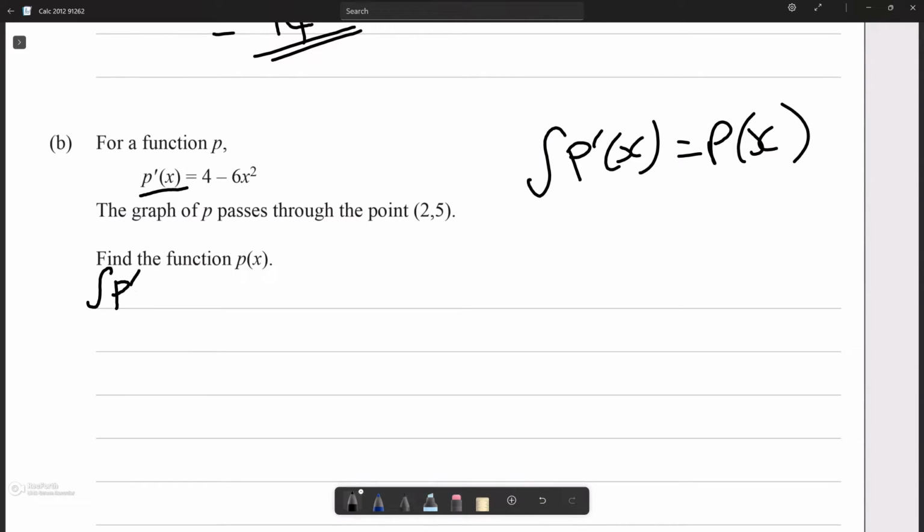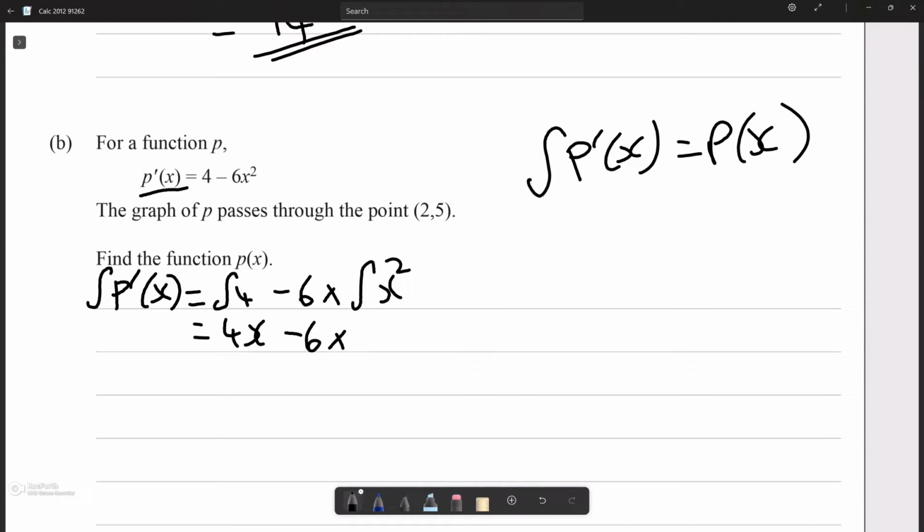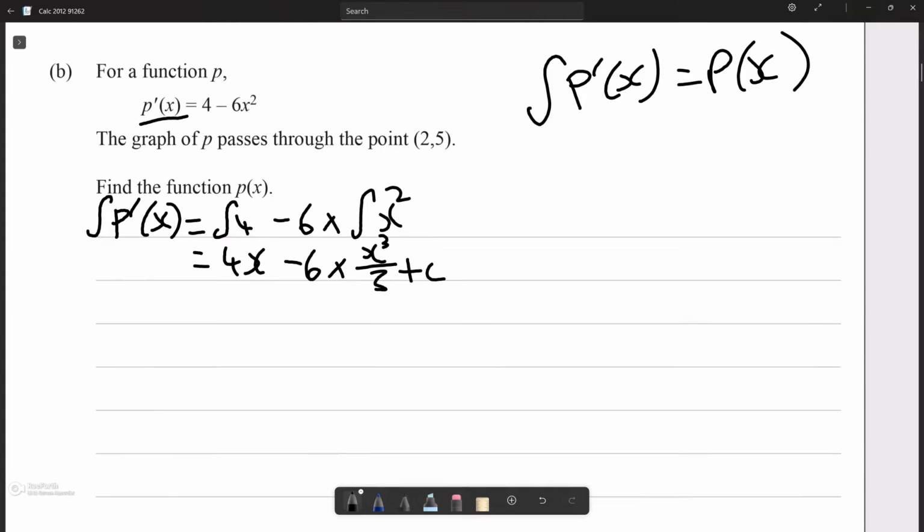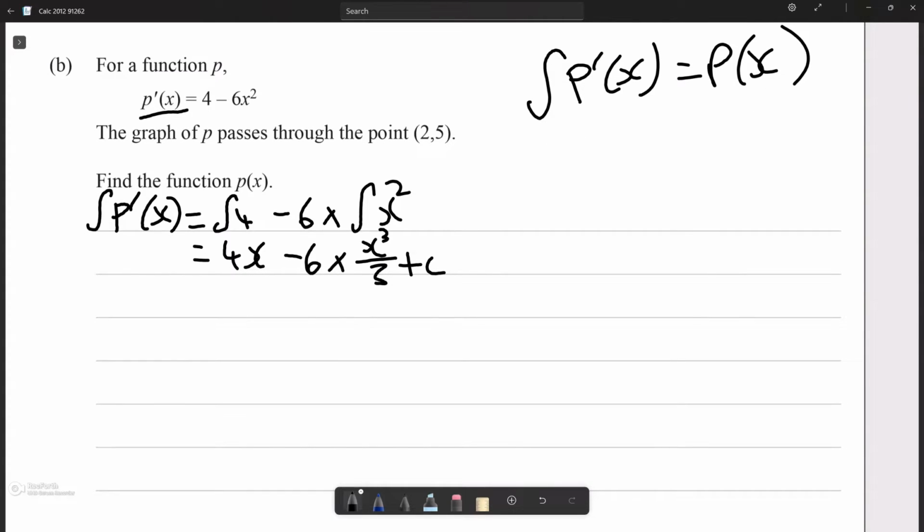So the integral of p dash of x is equal to the integral of 4 minus 6 times the integral of x squared, which is equal to 4x minus 6 times x cubed over 3 plus c, which is equal to 4x minus 2x cubed plus c.